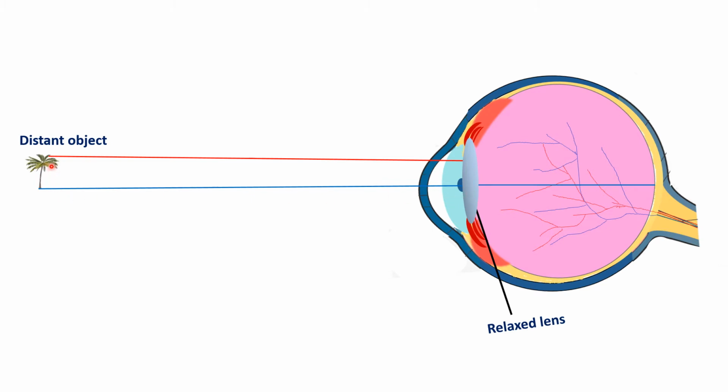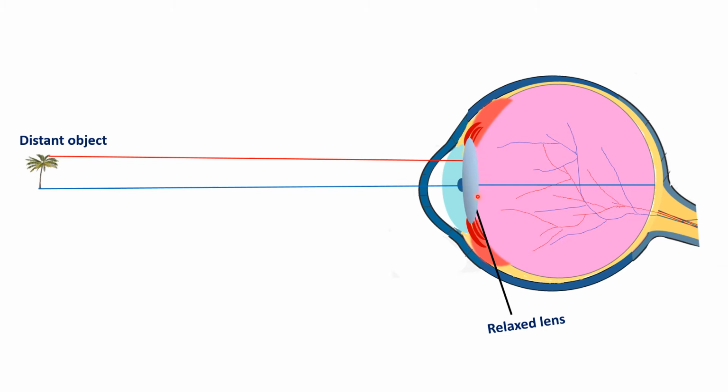If it is traveling parallel to the principal axis, on falling on the lens, after refraction, this eye lens will have the focal point here. That means the ray should go like this. But here the ray is not parallel to the principal axis. Hence, it will not pass through the focal point.